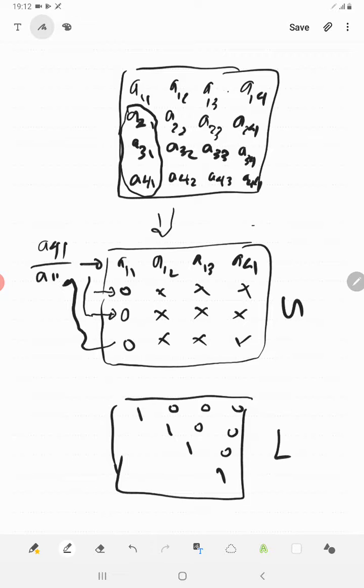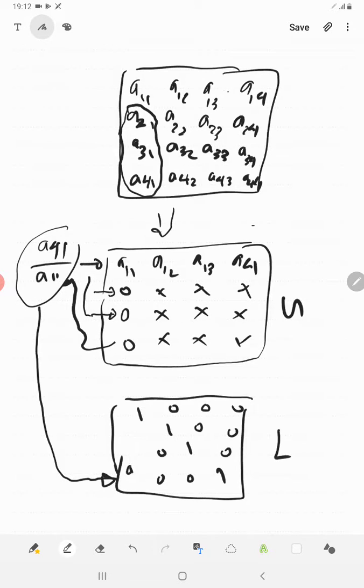Let's assume that's a 4 by 4 matrix. We have zeros here, three parts here. In here, we put the same one here. Now this one comes to here.